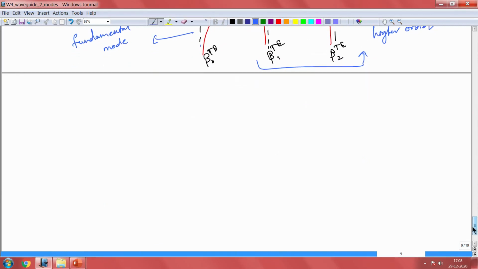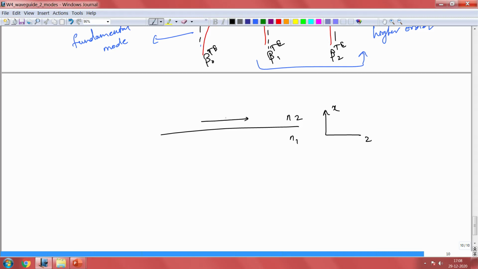condition. So, let us closely look at the interface. Let us take just a single interface, right, N1 and N2. Let us put our k space, k vector triangle here. So, beta is here, sorry, let me make it a little bigger.